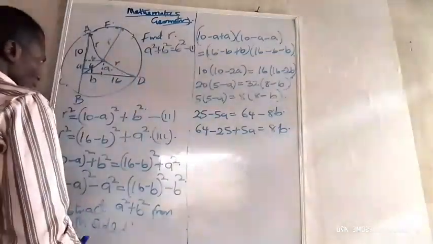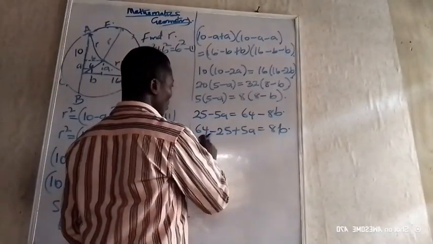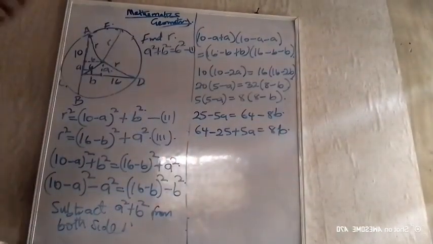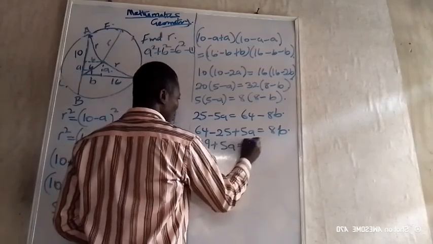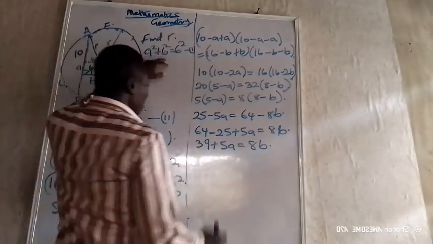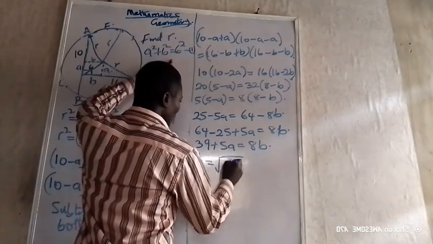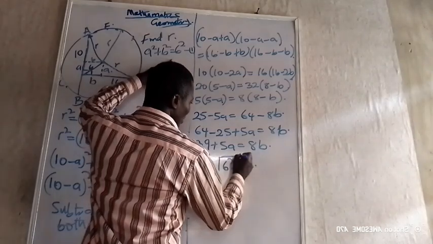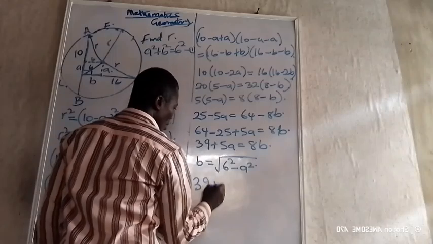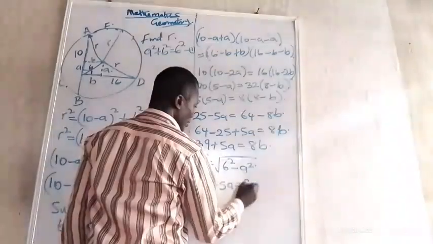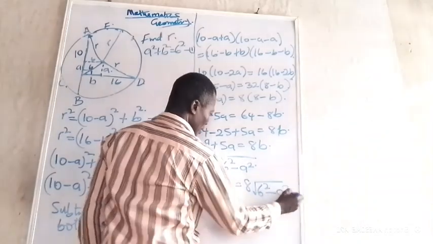We are arranging it. What again do I have? I can now say 64 minus 25 gives me 39, so this is going to give me 39 plus 5a is equal to 8b. Now from equation 1, b is equal to the square root of 6 squared minus a squared. So let me put it here. I'm going to have 39 plus 5a is equal to 8 square root of 6 squared minus a squared.